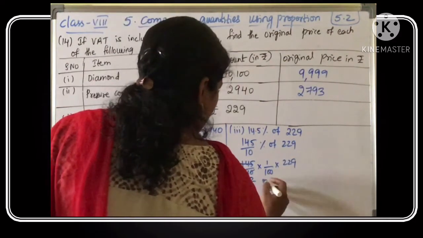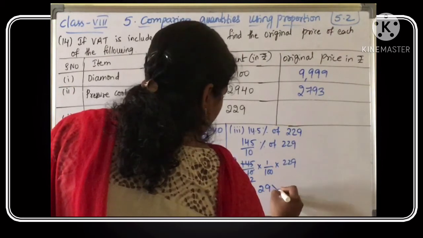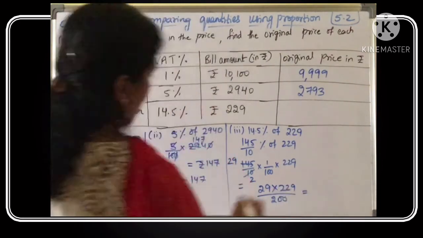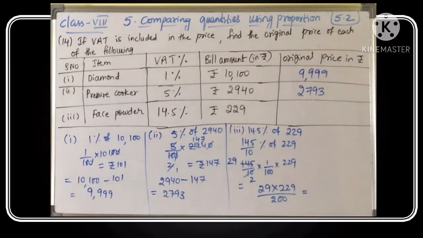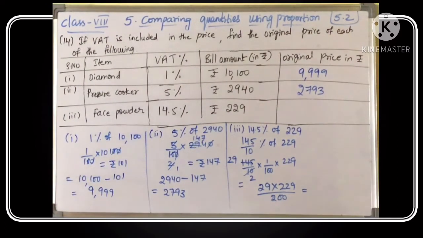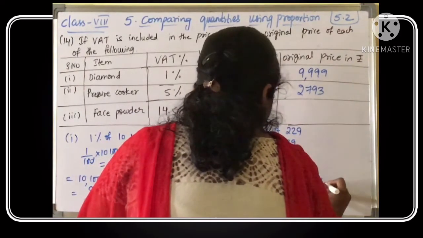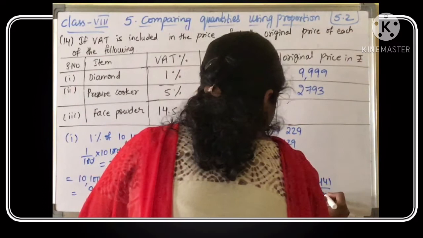Next, you have to multiply 29 into 229 by 200. So how much do you get for 29 into 229? When we multiply 29 into 229, you will get 6,441 by 200, children.